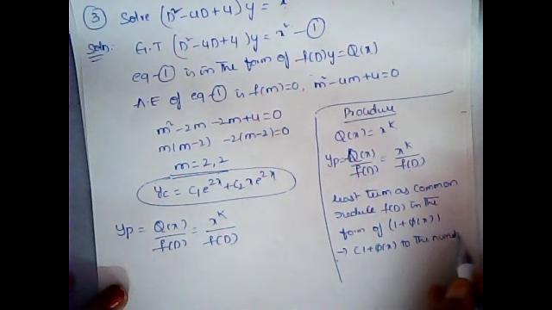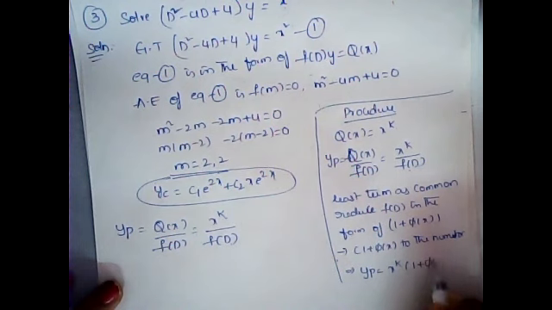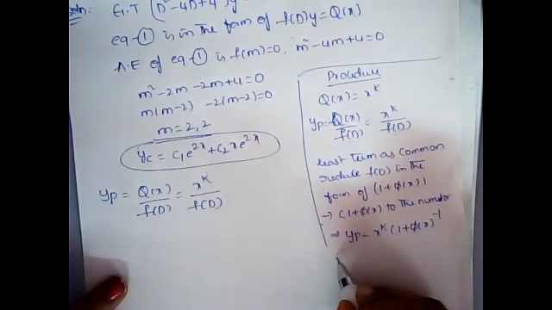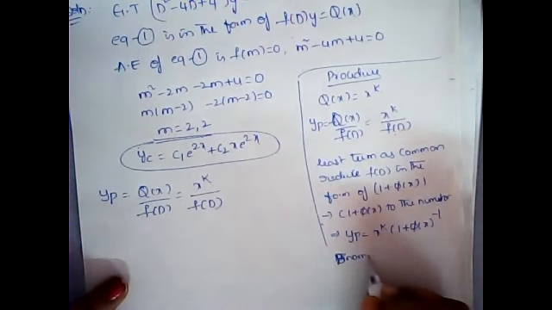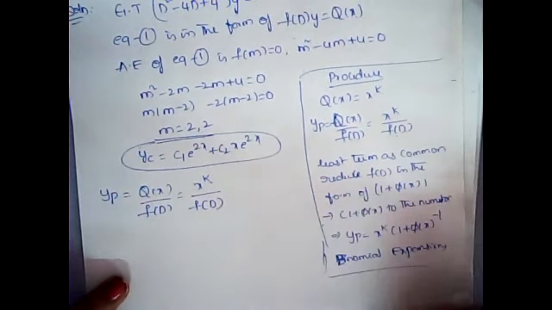Okay, so when it goes to the numerator, yp will be in the form of x power k into (1 plus phi of D) whole inverse here. So after that we will be applying the binomial expansion in order to solve these things. So let me go with the problem first of all.